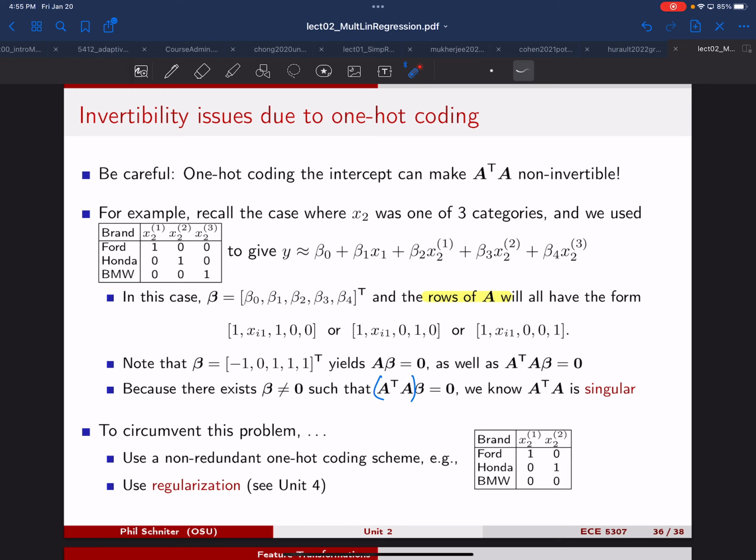But another problem we saw before is if you don't have enough data, if the A matrix is a wide matrix, then a wide times a tall gives you a matrix that's not full rank. This is also going to be non-invertible. So we like to have at least as many data samples as we do features, plus one because of the intercept.